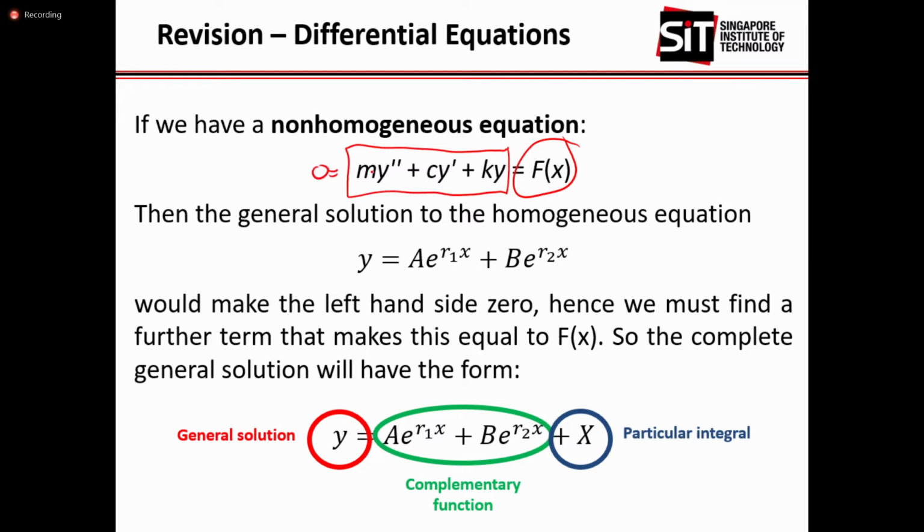However, we need to add a term here that takes care of this f(x). So the complete solution, the general solution, will be given by the sum of a complementary function, which is the solution to the homogeneous equation, and an additional term, which is the particular integral, which is the solution to the external force or function f.